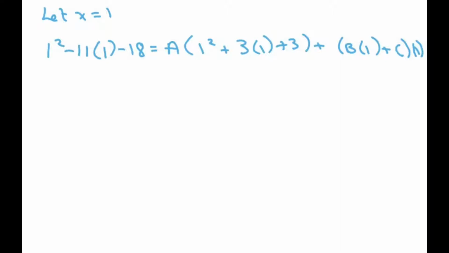The reason we chose 1 is because then that just cancels out there and you can just write that. So for this side, this is all going to equal negative 28.